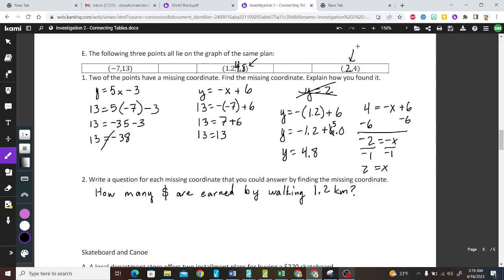Over here, we were missing kilometers. So it's how many kilometers are walked if $4 is earned.